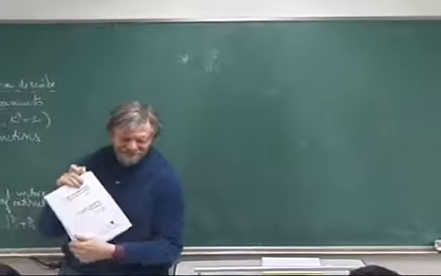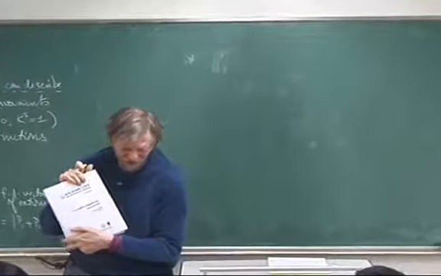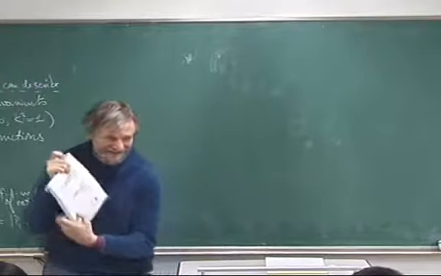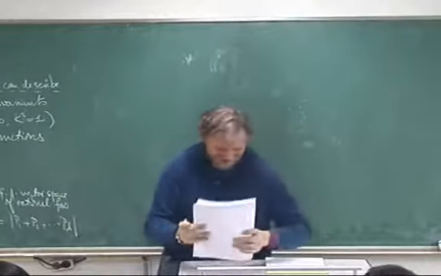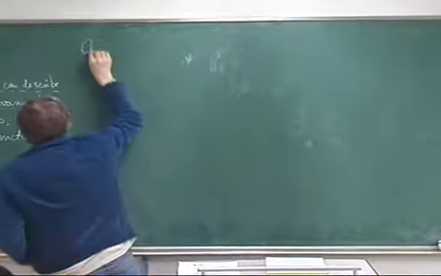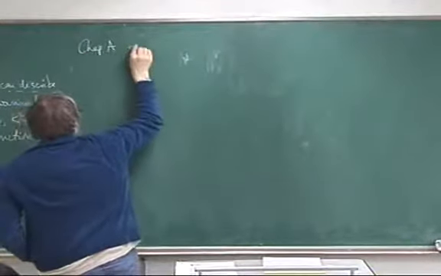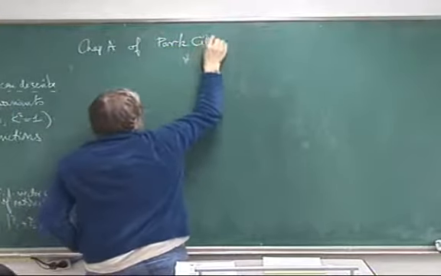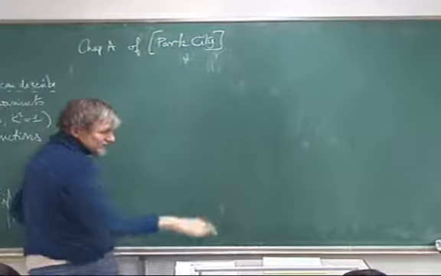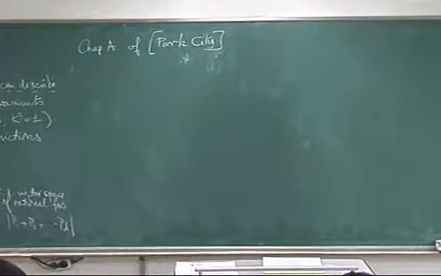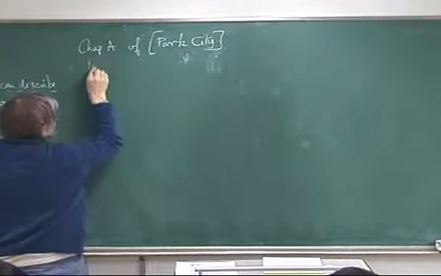This book has a funny property that the chapters are called Chapter 1, Chapter 2, and then Chapter A, Chapter B. So the organisation is not very standard, but anyway, Chapter A of Park City, so Park City means these lectures called chapters on algebraic surfaces. This is intersection numbers.